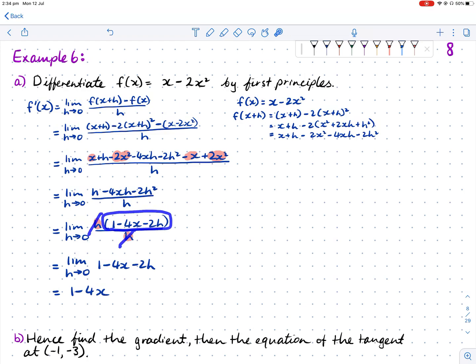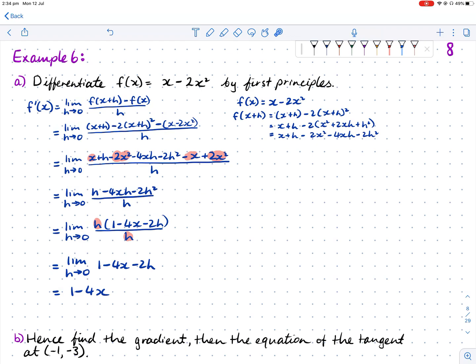The h's will cancel, and now, with no denominator, we can substitute h equal to 0. So then we end up with 1 minus 4x. And that's the solution. So the derivative for f(x) equals x minus 2x squared is 1 minus 4x.